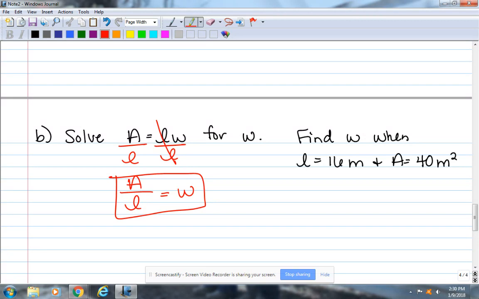Very good. So 40 divided by 16 is going to equal my width. And since we're rounding this, it makes sense if you're talking about meters to give a decimal. So it's going to be about 2.5. What's my units here? Meters equals the width. 2.5.